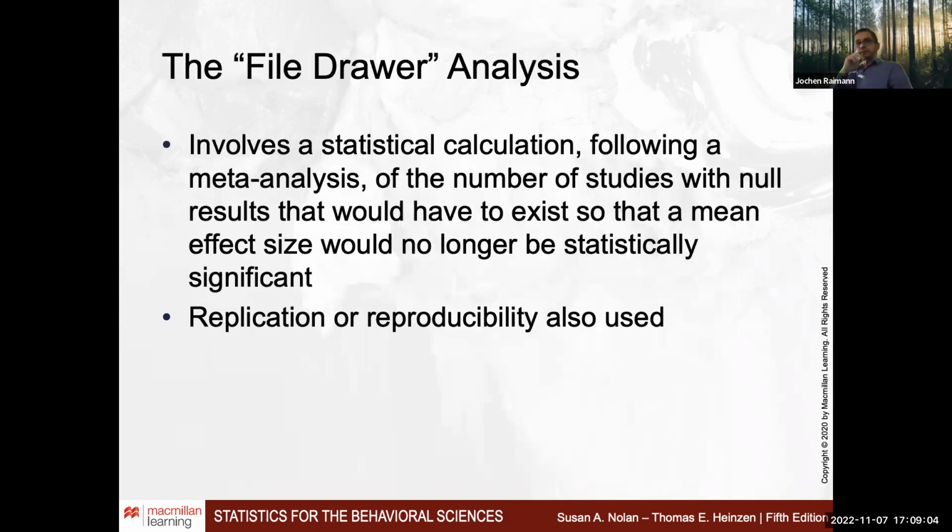Therefore, you would conduct the so-called file drawer analysis. The problem with many studies is that when they're negative and didn't show an effect size, they're not being published. So they end up in a file drawer.